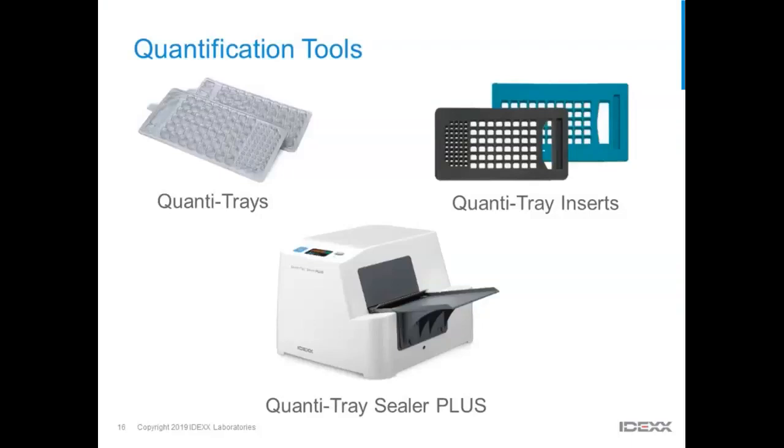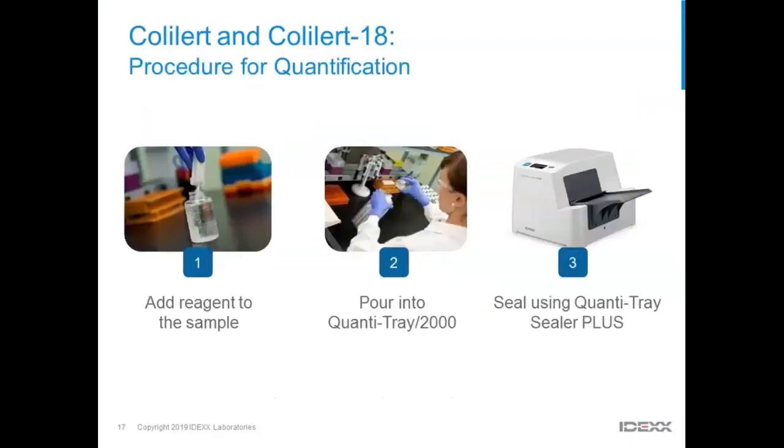So the process to run samples is pretty simple. Basically, you'll take your sample. To that, you will add the appropriate reagent. In this case, we'll talk about Colilert or Colilert-18. You will add the reagent to the vessel, shake, and allow it to dissolve. Once it's dissolved, it gets poured into the Quantitray, which at this point is basically acting like a bag.